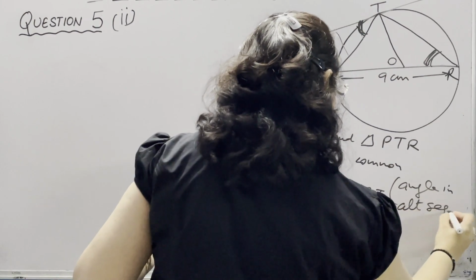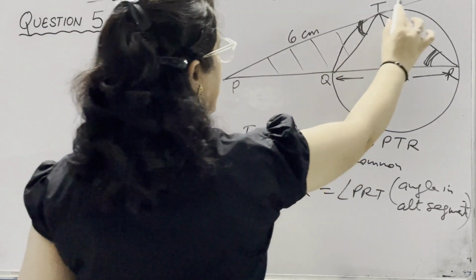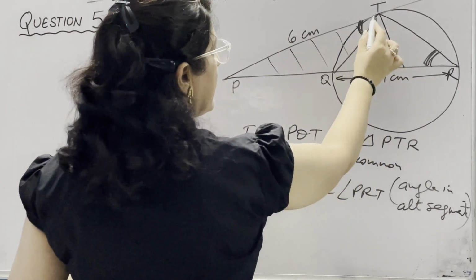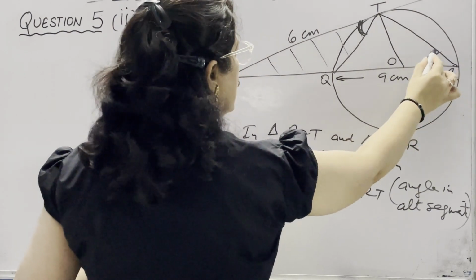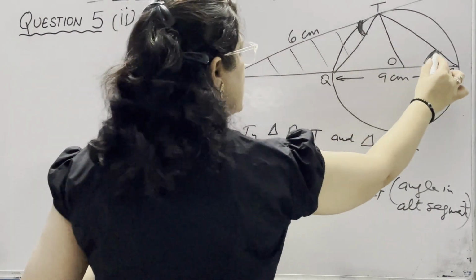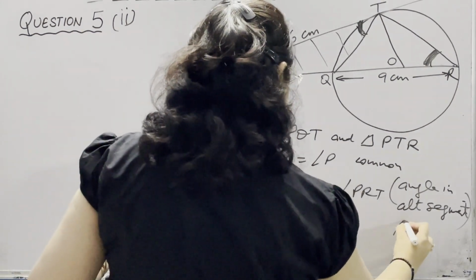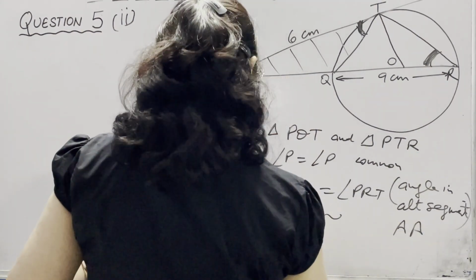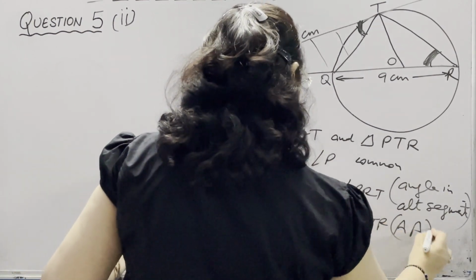The angle made by the tangent with this chord, and this chord made another angle at the circumference of the circle. So this angle and this angle both are equal. So these two triangles, triangle PQT and triangle PTR, are similar by AA.